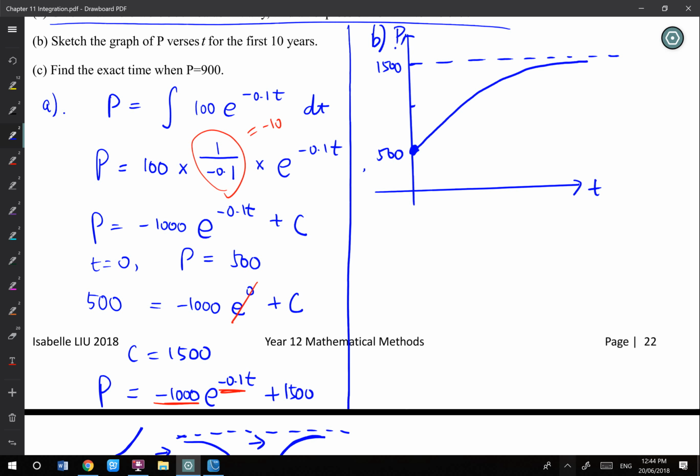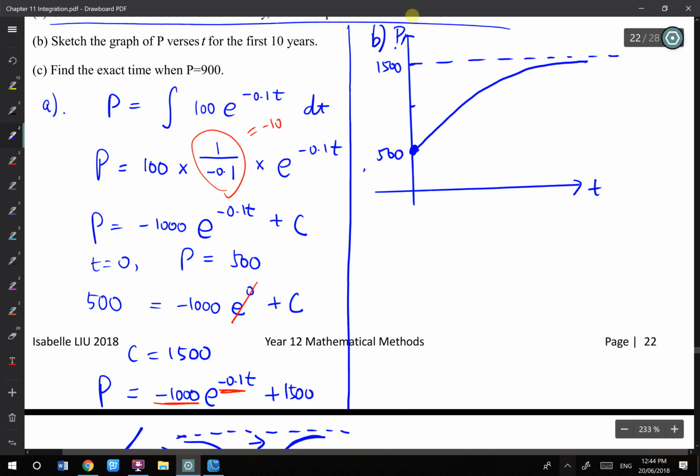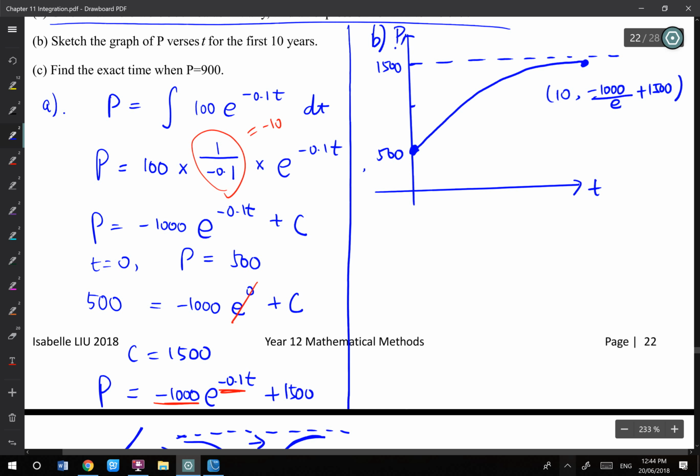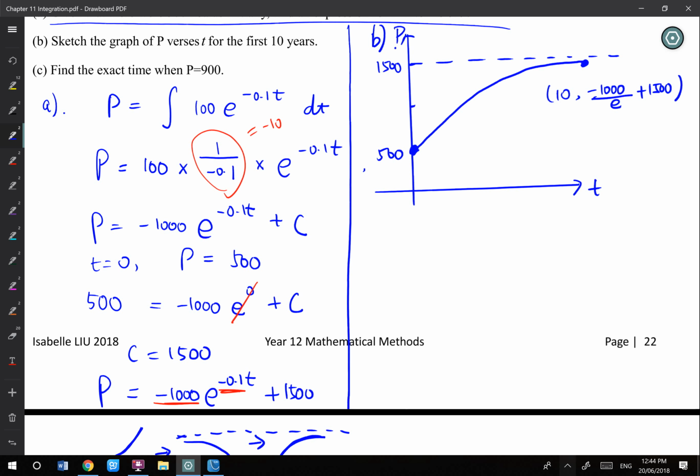Because this just asks for the first 10 years, I can stop at a point here, say 10 comma negative 1000 over e plus 1500. Sub 10 in, the power becomes minus 1, which is 1 over e. If you keep going, you just keep approaching the asymptote but never reach it.